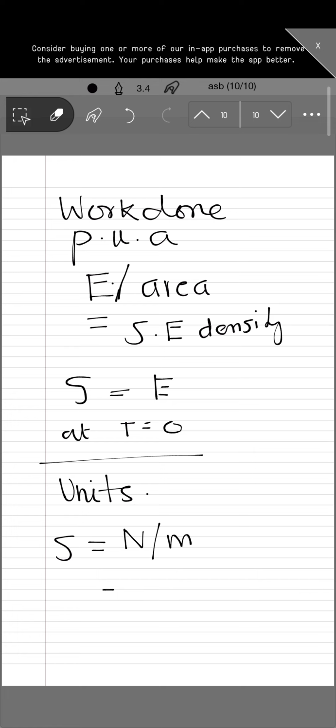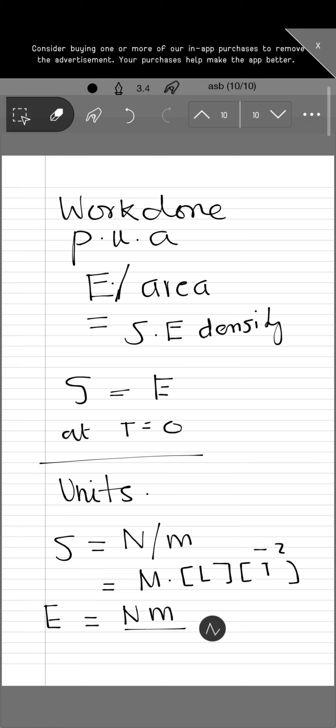If you represent it in terms of dimensions, Newton is mass times acceleration, so M L T^-2 per length, whereas the surface energy E is Newton meter per meter square. So it is also equal to Newton per meter, and has the same dimension as the surface tension.